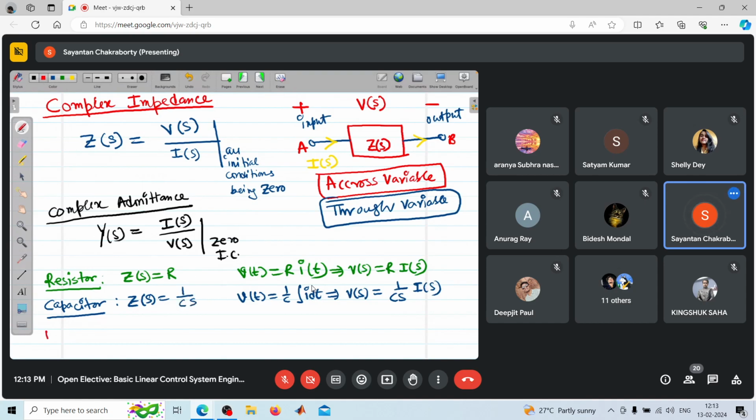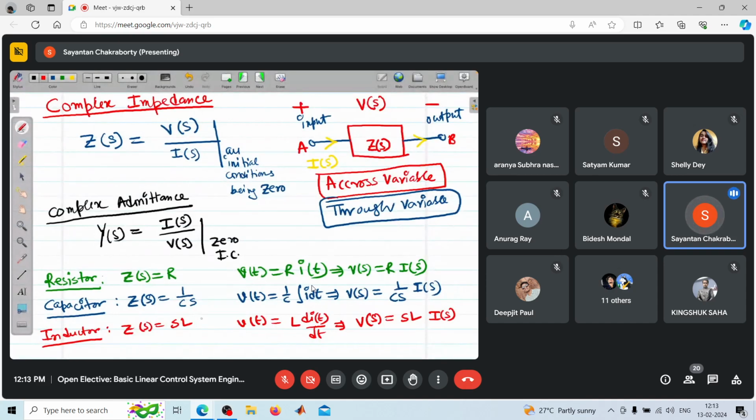And finally, for an inductor, what will be Z(s)? We know for an inductor, v(t) is equal to L di(t)/dt with zero initial condition. V(s) will be sL times I(s), so it will be sL.